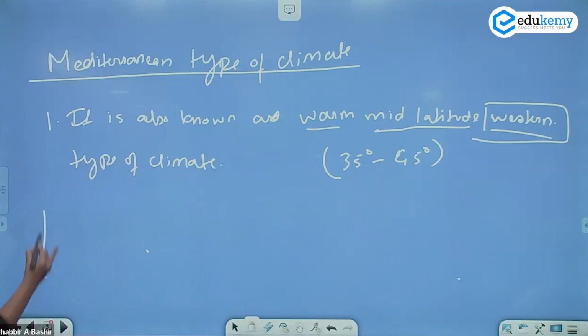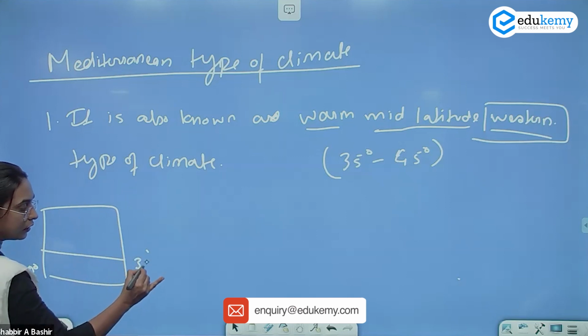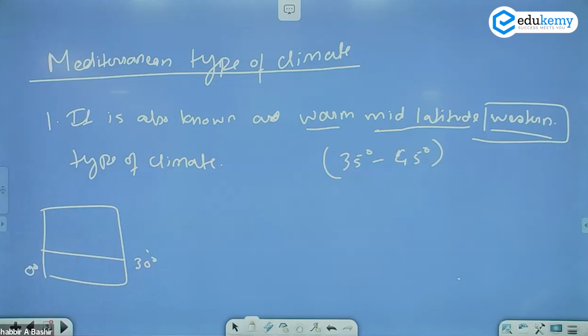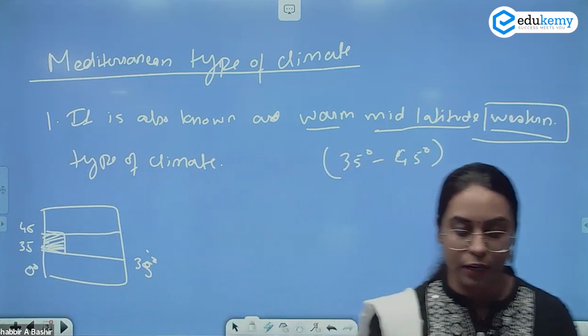So if this is a continent here, and this is 0 degree, this is 30 degree, on the western side of the continent in the warm mid-latitude, let's say 35 to 45, you will have the Mediterranean climate. So it is a warm mid-latitude western type of climate.